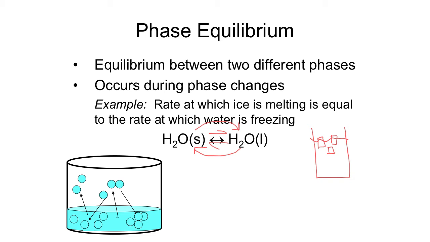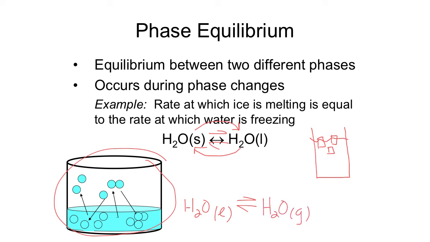So I'm keeping 3 ice cubes in there. So again, remember the amount on each side of the equation are not necessarily equal to each other. The amounts, the concentrations of everything stays constant. This example down here would be showing H2O liquid at equilibrium with H2O gas.